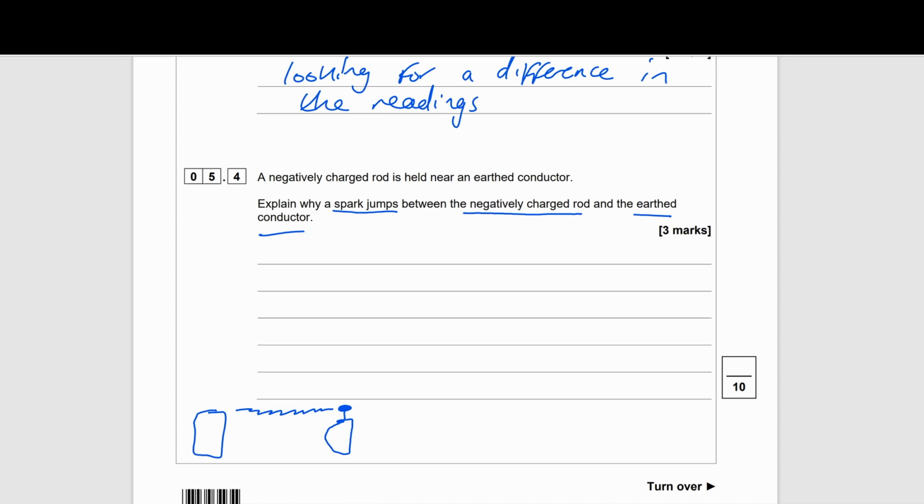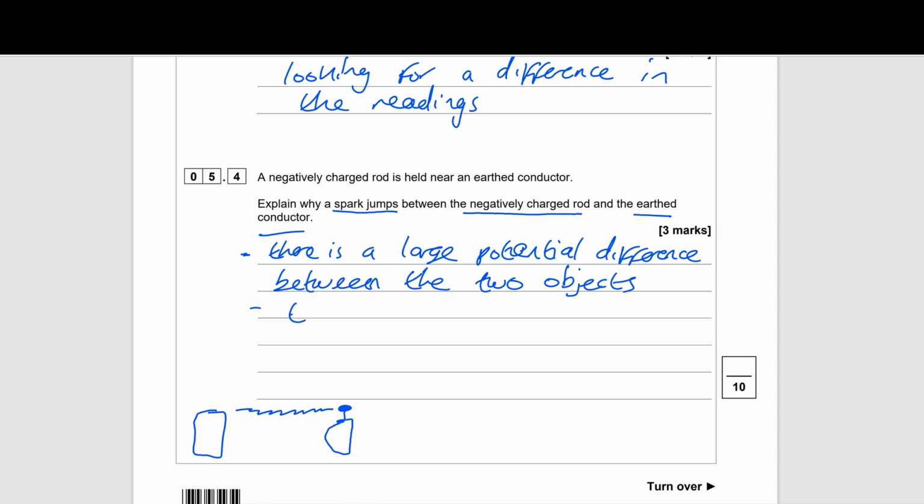Well, why do you see a spark in any situation? The reason is because there's a difference in potential energy between two objects, and that's what we call potential difference. If there wasn't any difference, there would be no spark. So we can first say there is a large potential difference between the two objects.